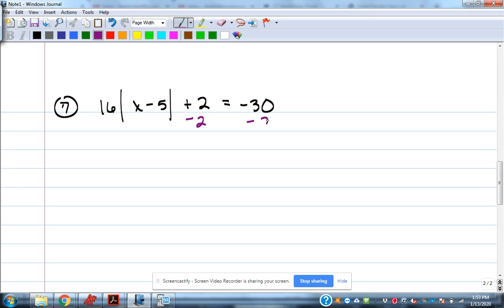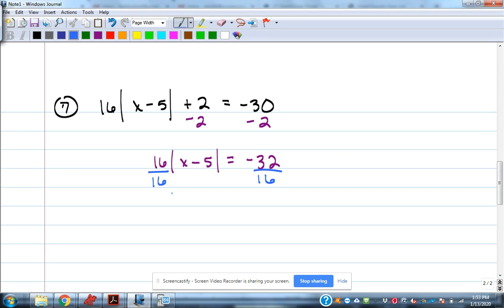Even though at this step we got it equal to a negative, we can't decide whether or not it's no solution until the absolute value is isolated. We got to get that absolute value isolated first. So 16 absolute value of x minus 5 is equal to negative 32. Again, divide by that 16.